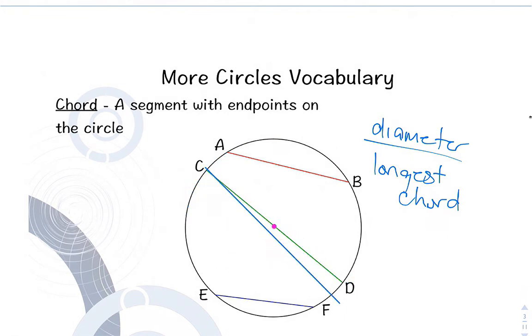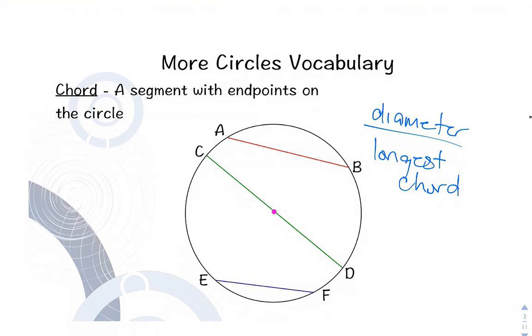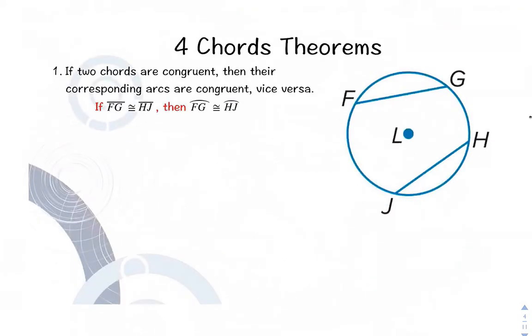If I go the opposite way, it's going to get shorter and shorter. So your diameter, that is your longest chord. It's a very special chord. But we have other chords, infinitely many other chords. In this example, we have A, B, we have E, F. They're just segments. Okay.